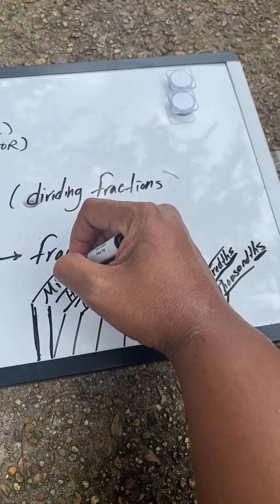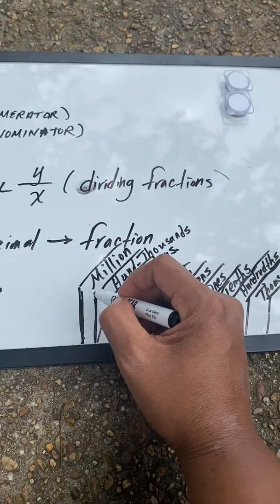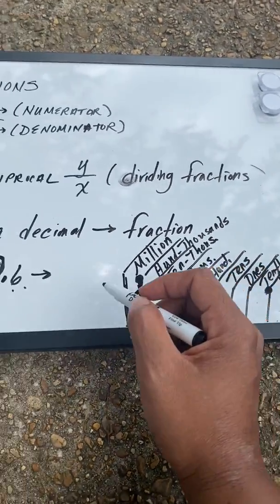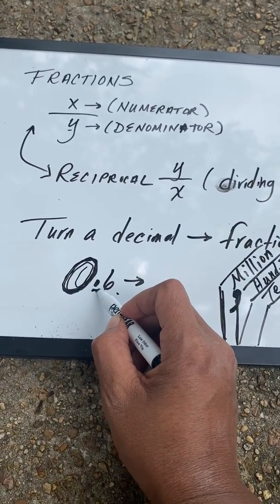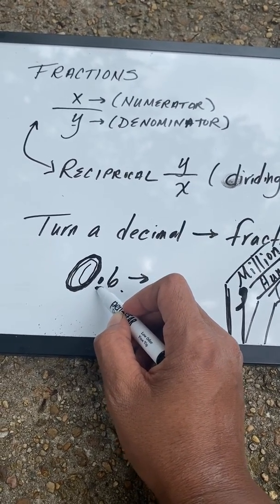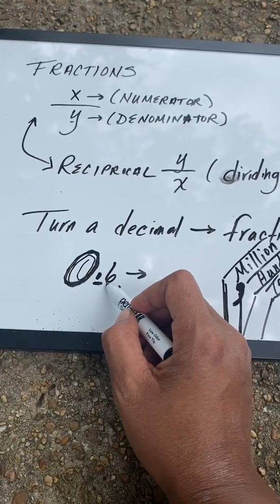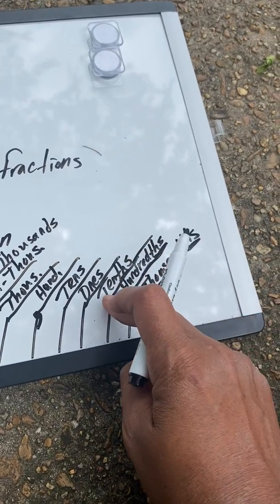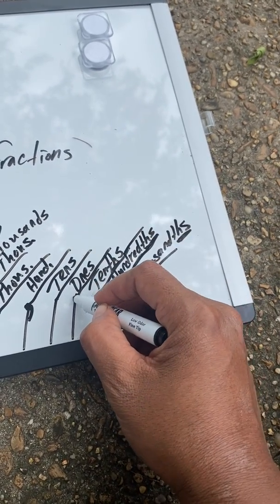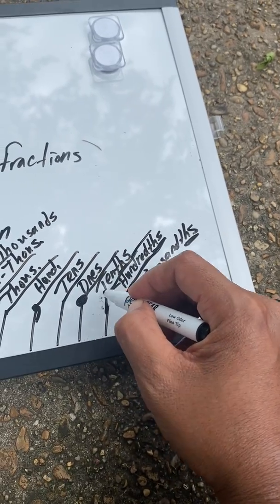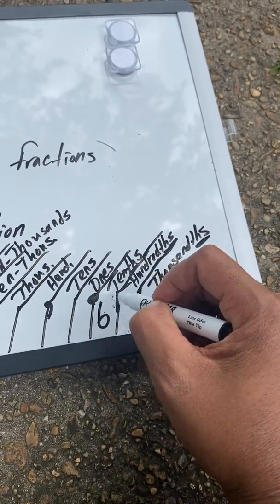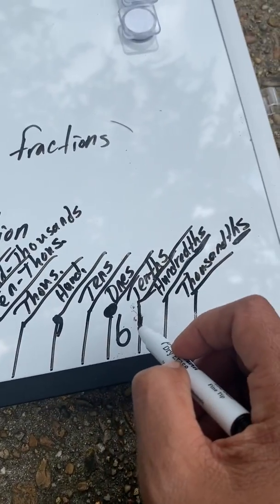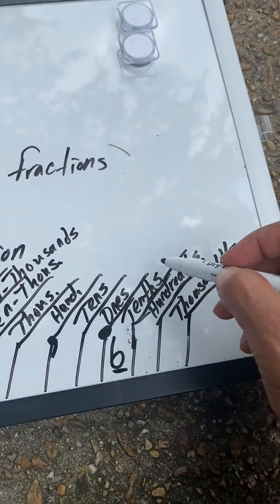Now we're dealing with the decimal that we have right here. The point is here, and right next to this point will be the 6. That tells us that it's in the tenths place.